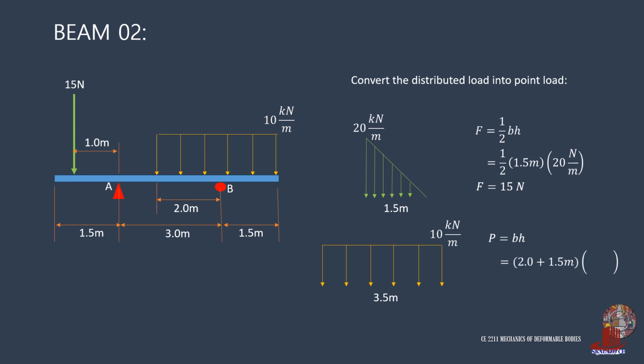The base is 2 plus 1.5 meters, and the load is 10 newtons per meter, giving 35 newtons. This is applied at the center of the shape, which is then 0.25 meters away from support B.